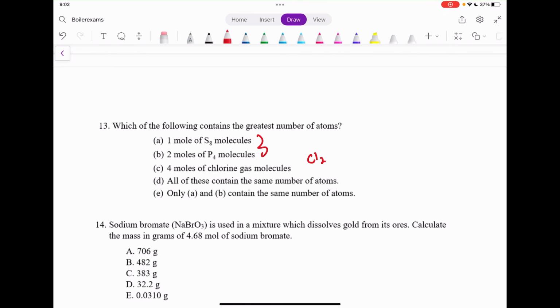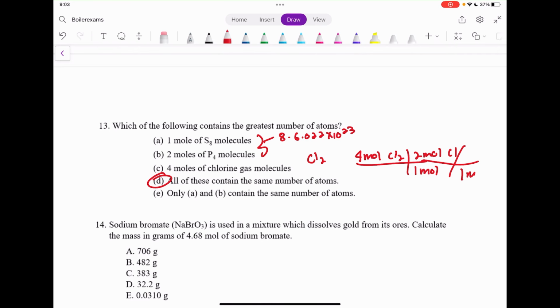These two had 8 times Avogadro's number. They were the same. We know that. Chlorine gas, 4 moles of chlorine gas, in 1 mole you have 2. Wow, they're all going to be the same. So they all have 8 times Avogadro's number worth.